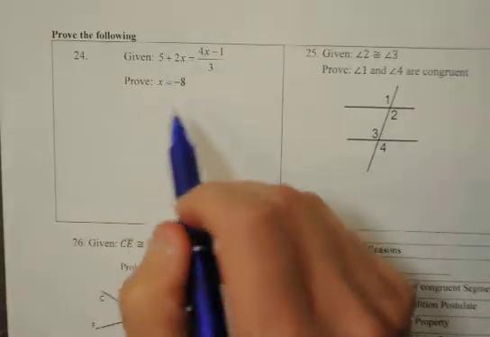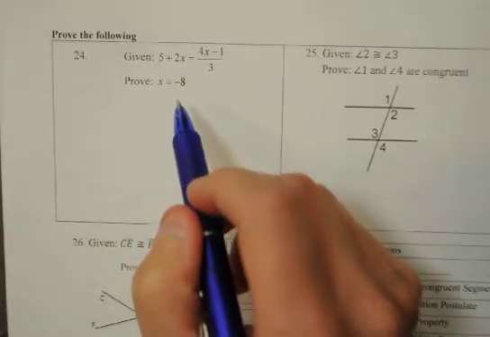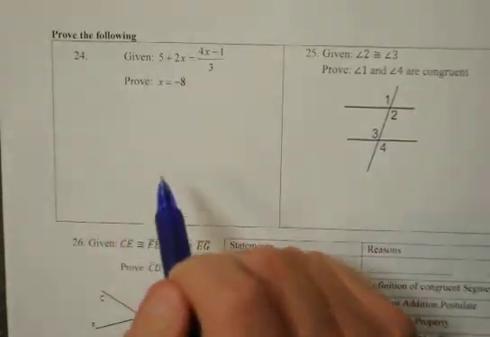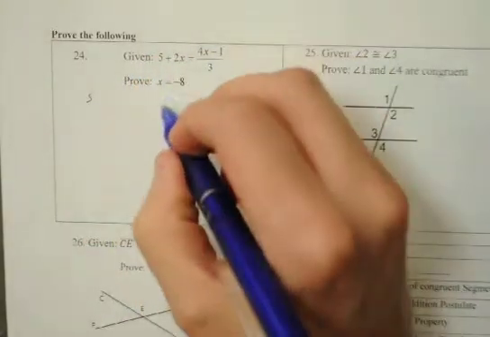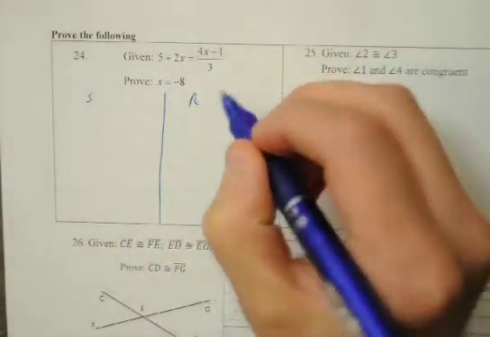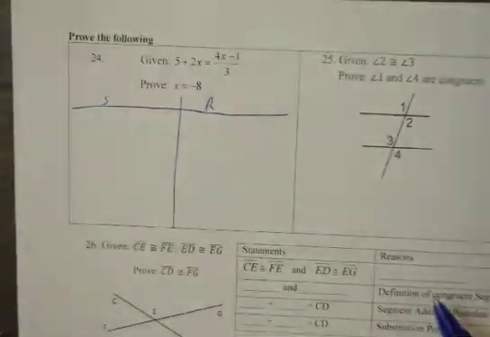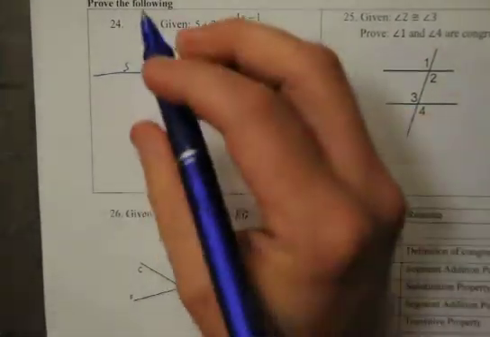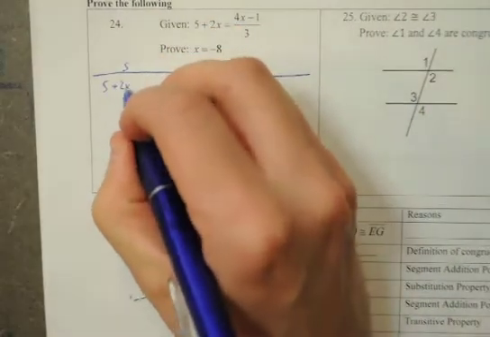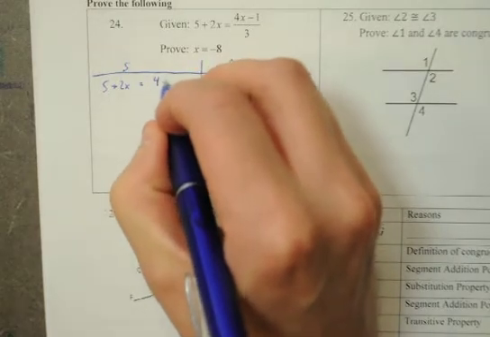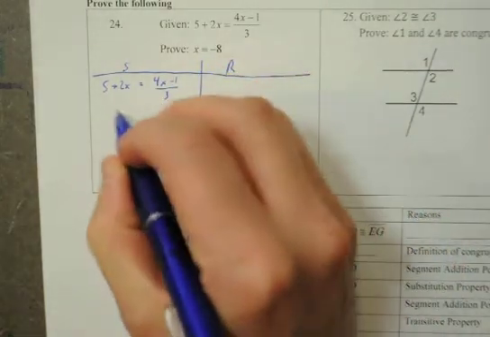We have a little algebra proof. This is an algebra proof, not a geometric proof, because we're just doing the algebra. So get your statements and your reasons. Statements and reasons. So here we go. 5 plus 2x equals (4x minus 1) over 3.